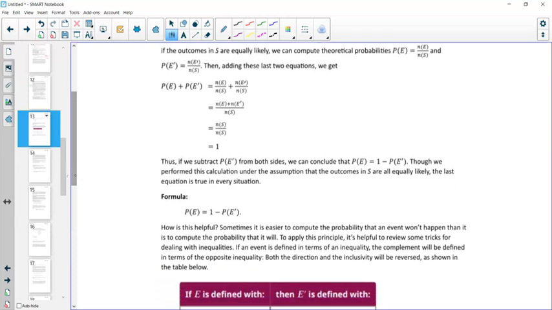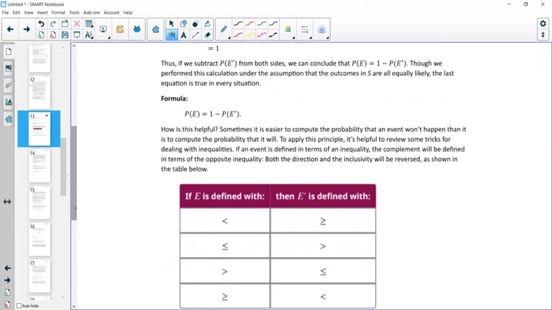Keep in mind that we did calculate this based on the outcomes in S being equally likely. So how is this helpful? Well, sometimes it's easier to compute the probability that an event won't happen than it is to compute the probability that it will happen. To apply this principle, it's helpful to review some tricks for dealing with inequalities.